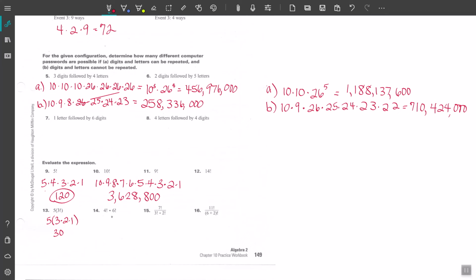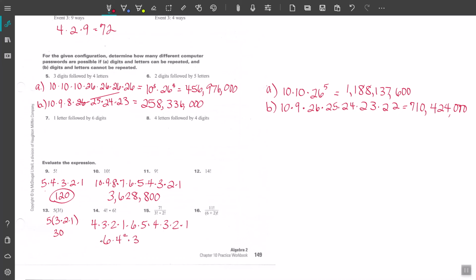All right, same thing here with number 14. This is 4 factorial times 6 factorial. So I'm saying this isn't 24 factorial, it's 4 times 3 times 2 times 1 times 6 times 5 times 4 times 3, and so on. All right, and then when you go to put that in the calculator, of course you could put it in as 6 times 5 times 4 raised to the second power.